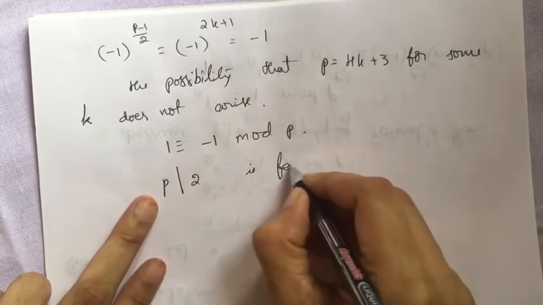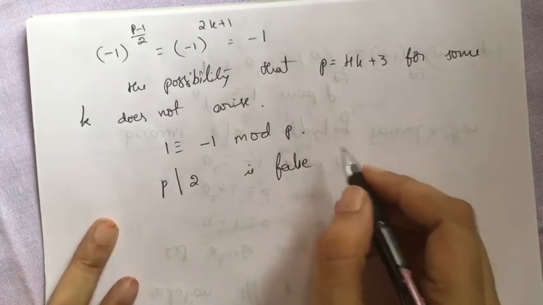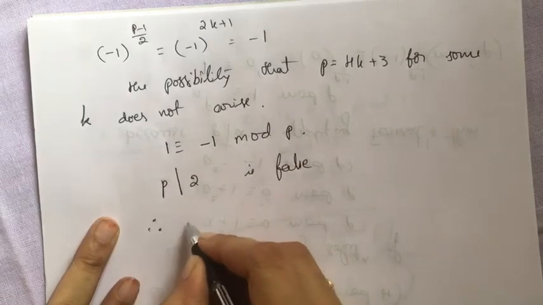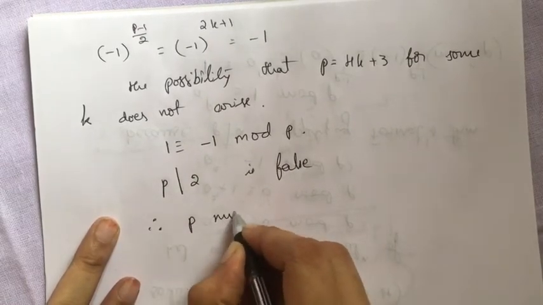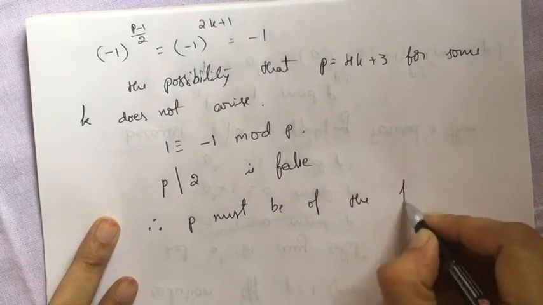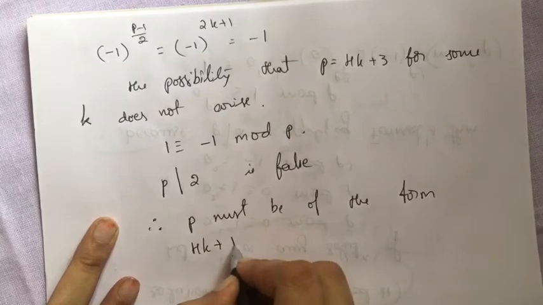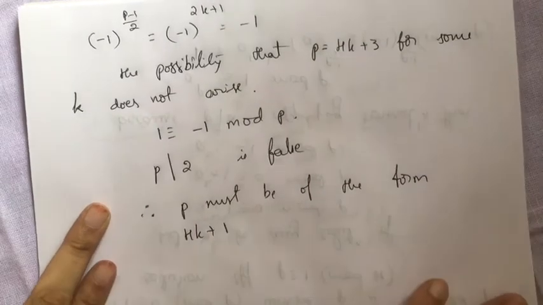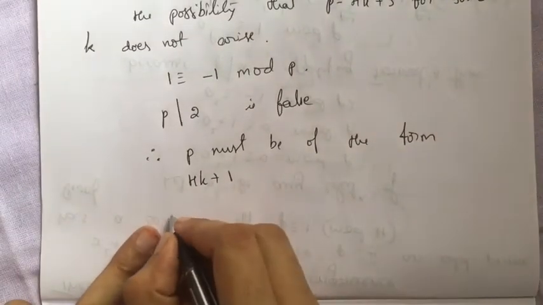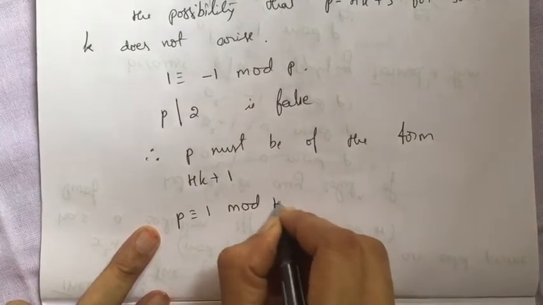This is false because it is mentioned that p is an odd prime. Therefore, the only possibility p can take is the form 4k plus 1. Okay, that is the same as writing p is congruent to 1 mod 4.